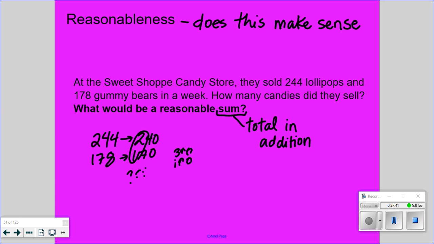On your task day, I want to see you give me a reasonable answer, a guess, an estimate, and then solve it for real. You can use any strategy you want to solve it, live your best life, whatever makes sense for you.